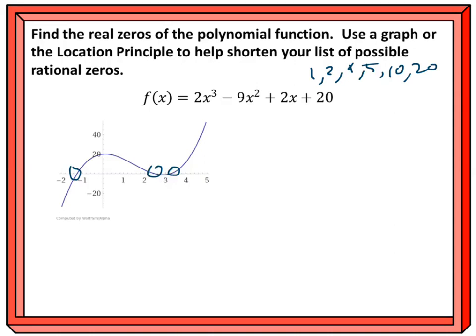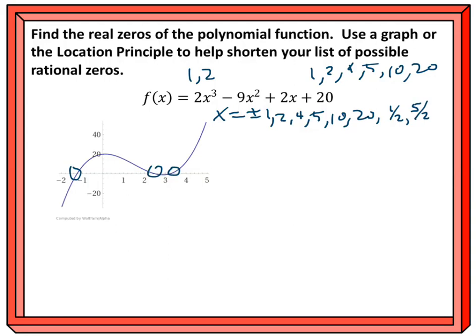And then I'm going to list out all the factors of 2, 1 and 2, and now I divide those things, the constant divided by the leading coefficient, so x could possibly be plus or minus 1, 2, 4, 5, 10, 20, and now divide them all by 2, except the even ones, 1 half, 5 halves, and looks like that's about it. Okay, so we have all those possibilities.